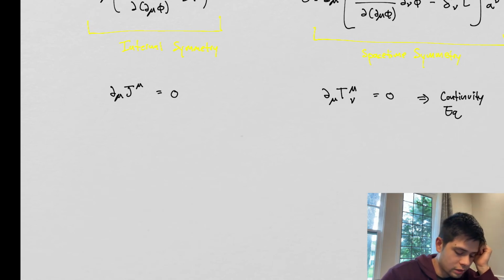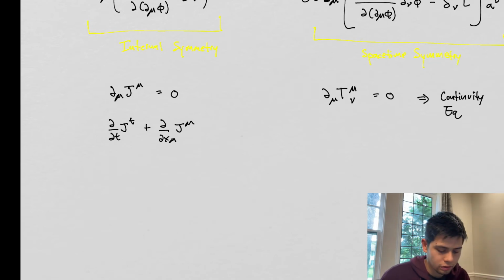This really just is d t of j t plus d x mu j mu, and that equals 0.